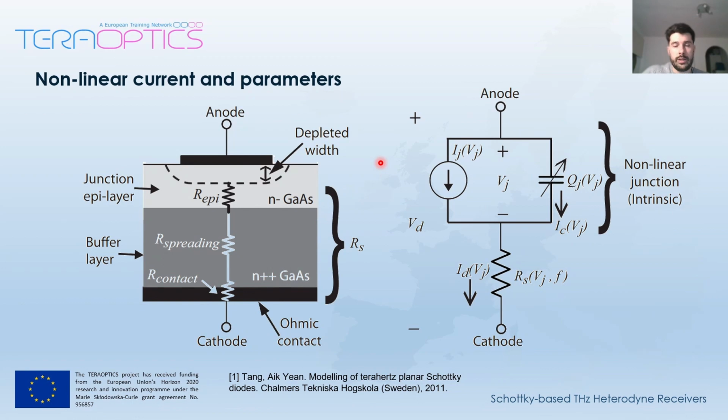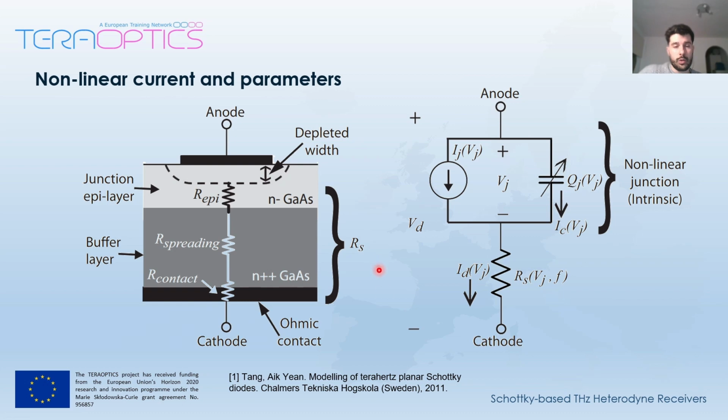What we can do now is to model that mechanism at a circuit level, and therefore we can have circuit components that model the behavior of a Schottky diode, which we can then use, for example, in a bigger circuit to see how the Schottky diode will behave in a bigger system. In a very simple equivalent circuit that we can think of, first we have the current that flows through the junction and changes with voltage, and that can be modeled just as a current source.